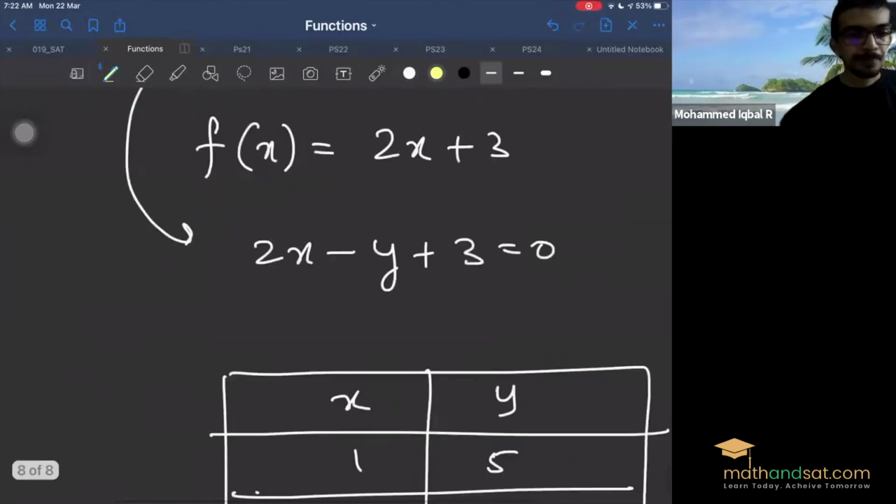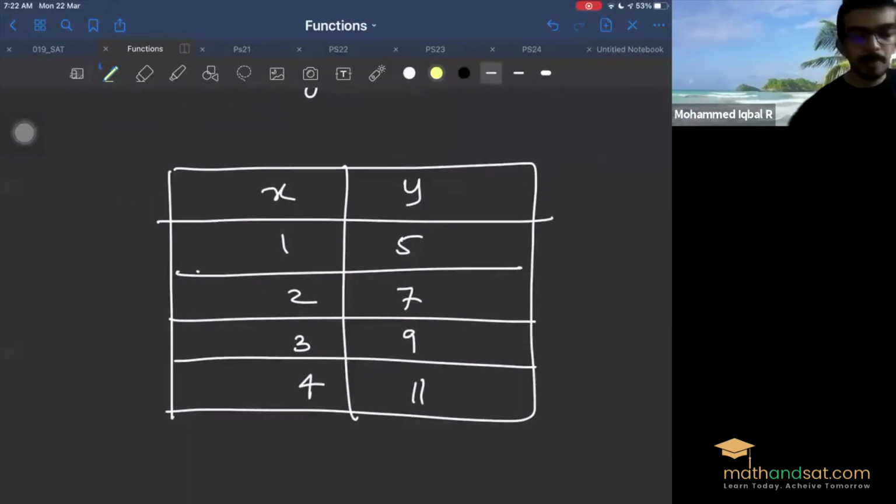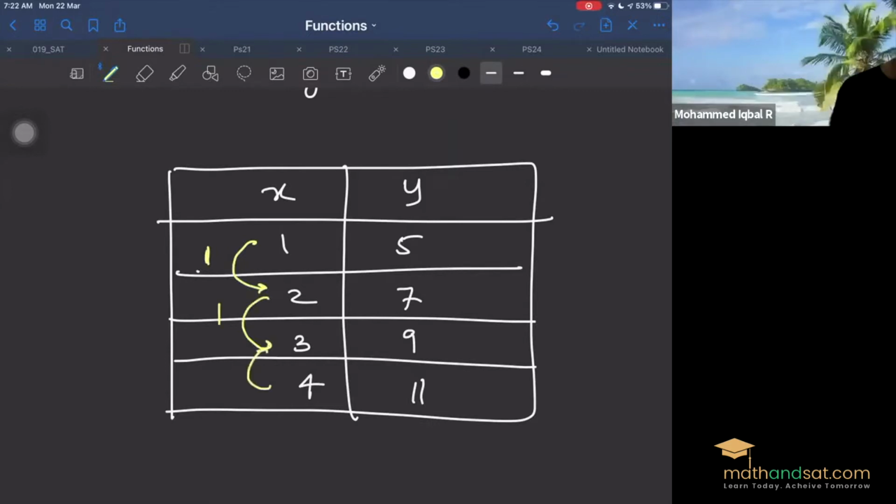And from the table, how will you figure that? From the table, how will you know? Here, for constant differences in x, here the difference is 1, here the difference is 1, the differences in y will also be a constant. 2, 2. See this?